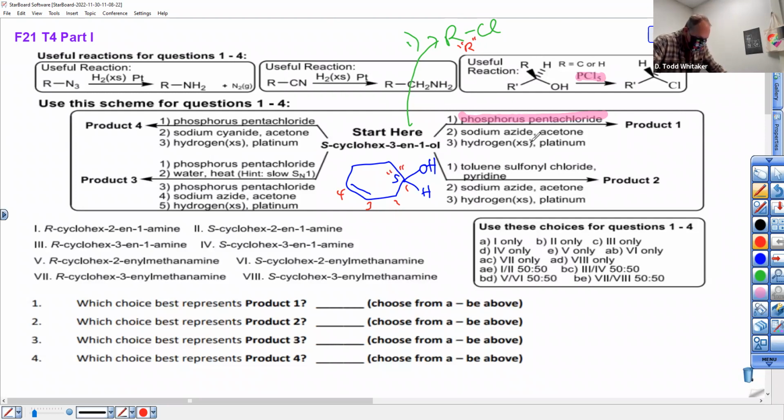With a Cl. Sodium azide. My analysis says I have a secondary RX. Analysis is going to be in purple all the way through. Secondary RX. That's a moderate one.